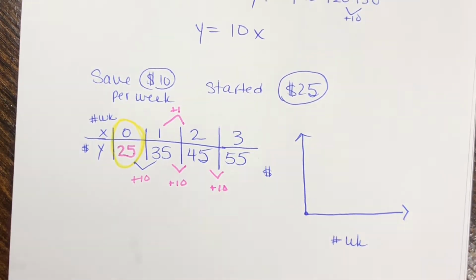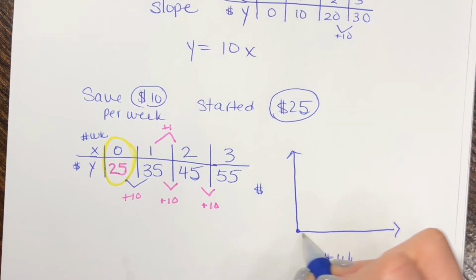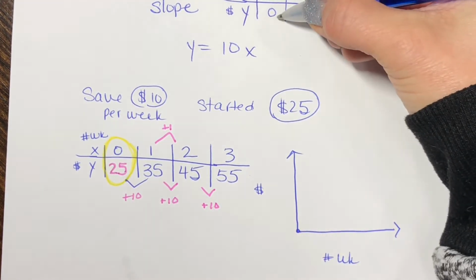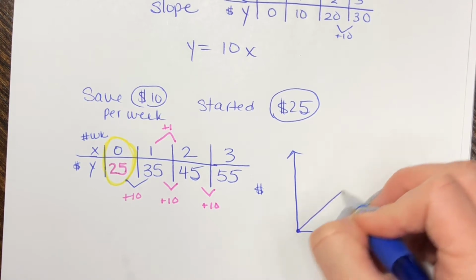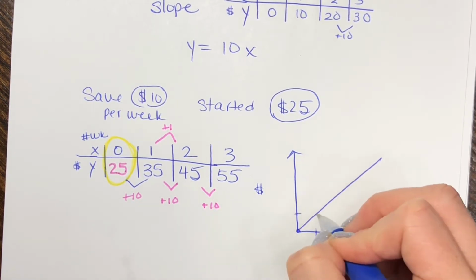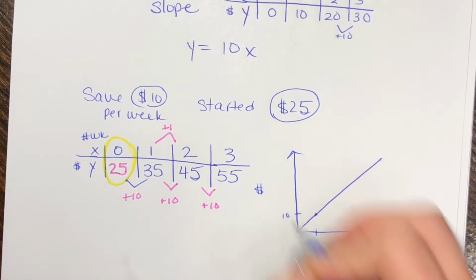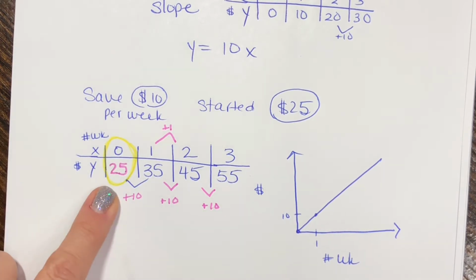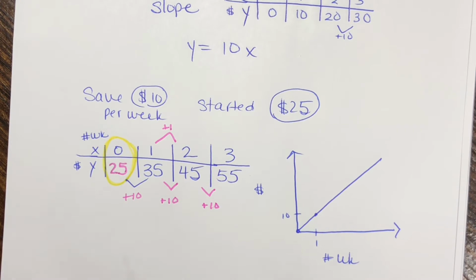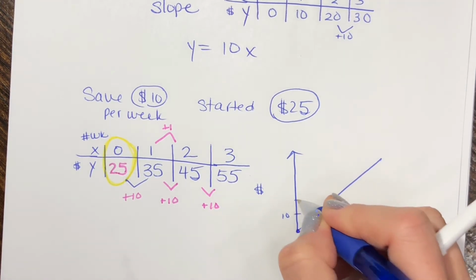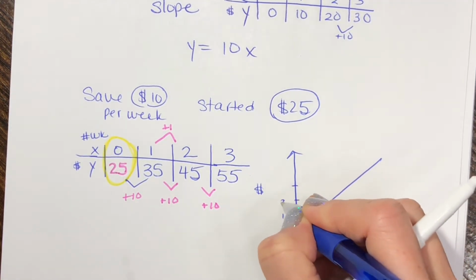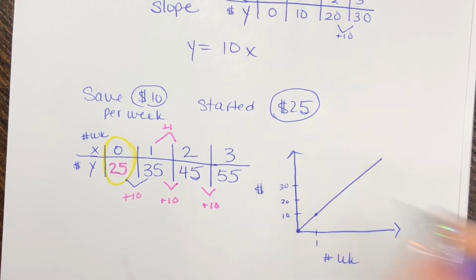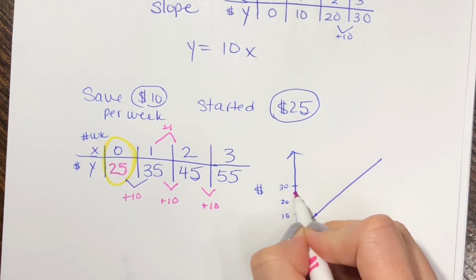Let's graph y equals 10x. He didn't have any money at week 0, but he's still saving 10 per week. Okay, so let's say that's 10, and let's say that's 1. Now enter in this plus 25, and if I start to plot these points, I am actually going to start my savings, if this is 20 and this is 30, right here.